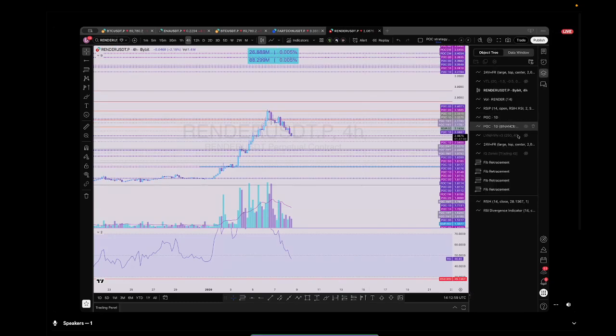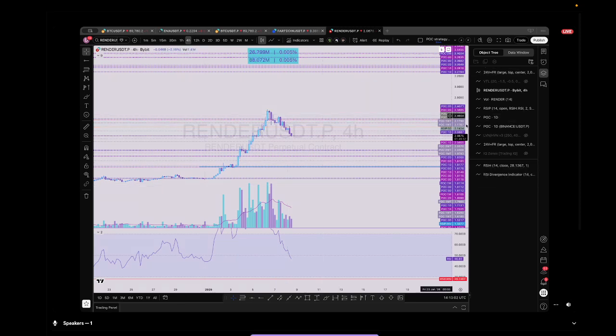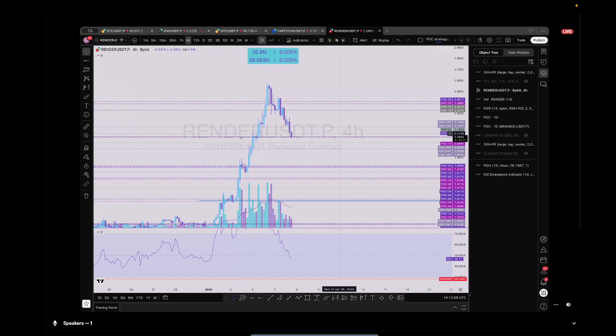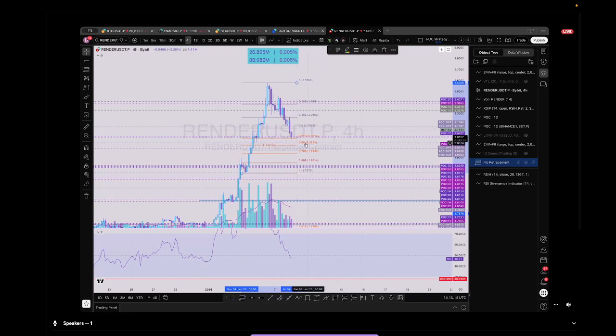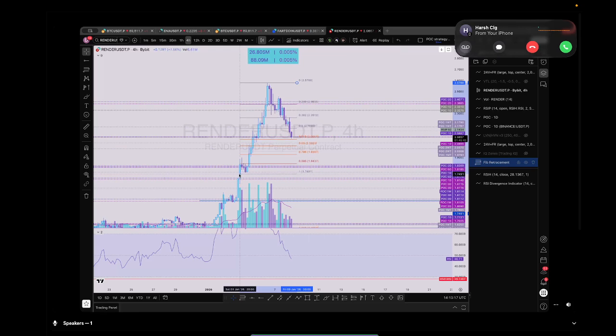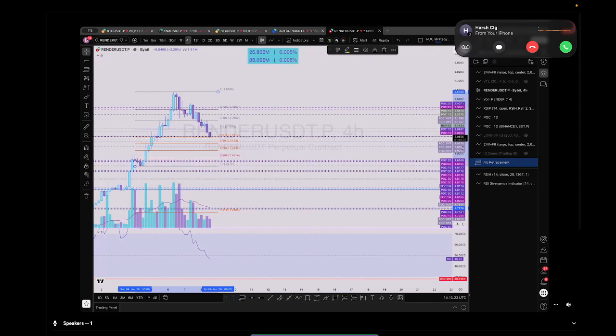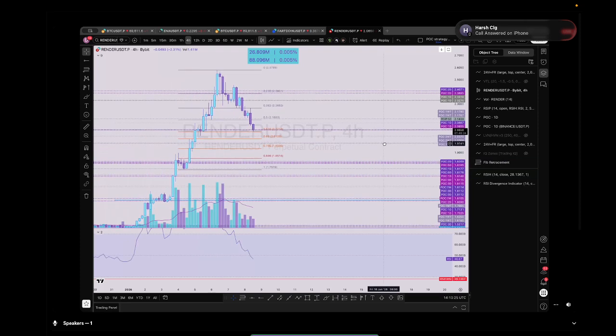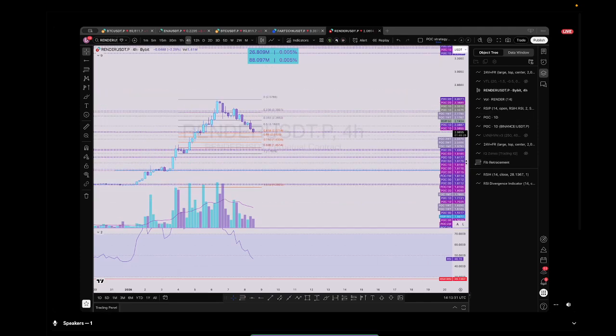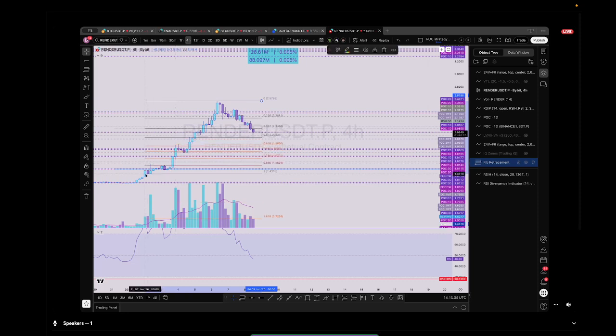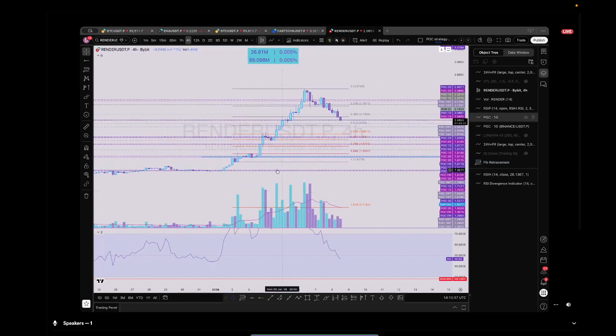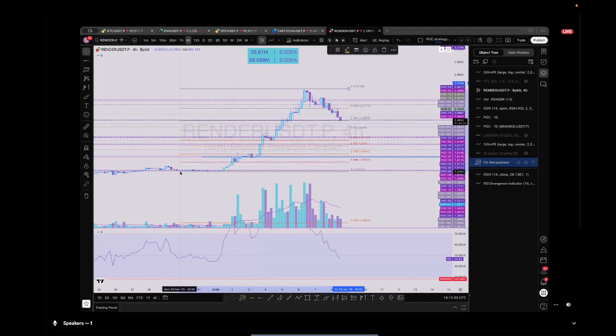So what we have here, render. It's a little bit uninteresting because we are out of the POCs. I don't like this. For me, it's a little bit forced. If we pull the GP from here, we need a little bit of a better range, or this, or even this one.